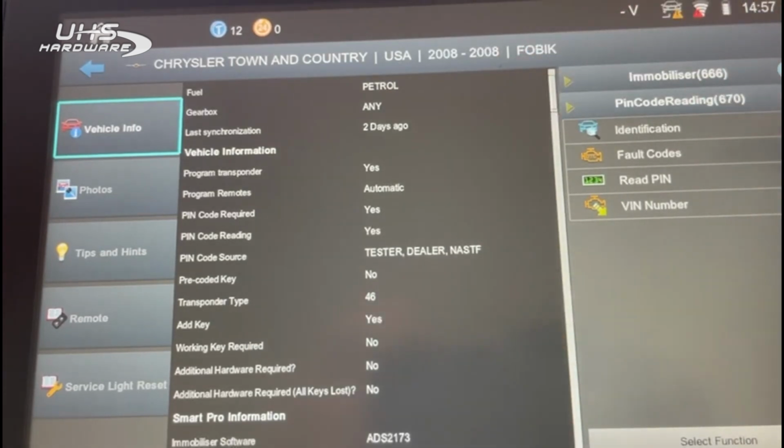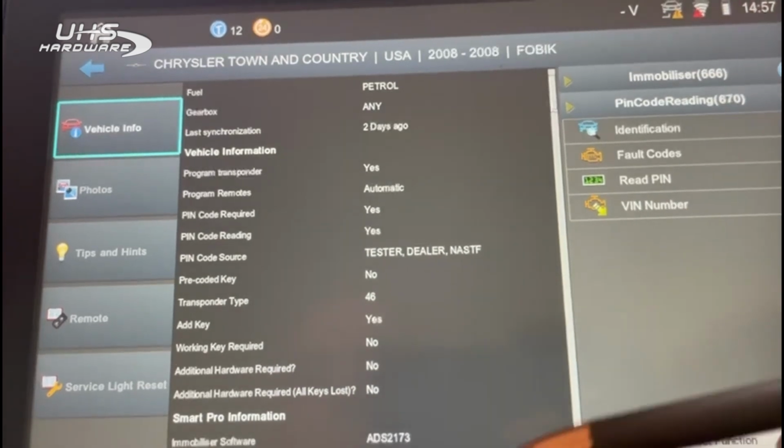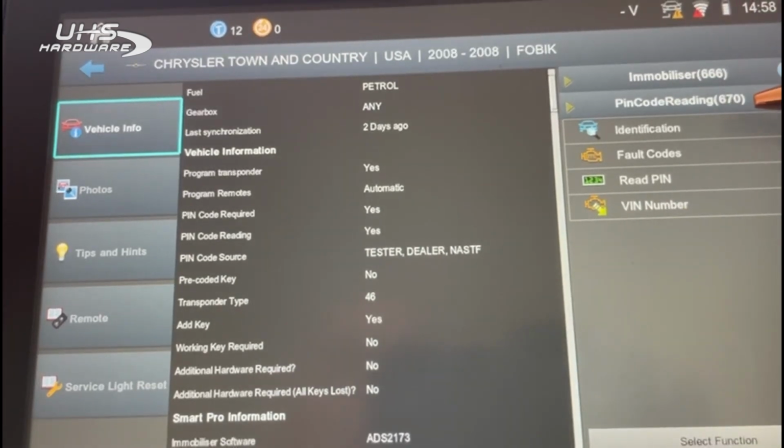So if the vehicle never had the module replaced, it will read the pin and program under the protocol that you see listed here. However, if the module was replaced, you're going to get a seed key error message. And if you're not familiar, what that implies is wrong protocol. So again, seed key error just means you're on the wrong protocol.